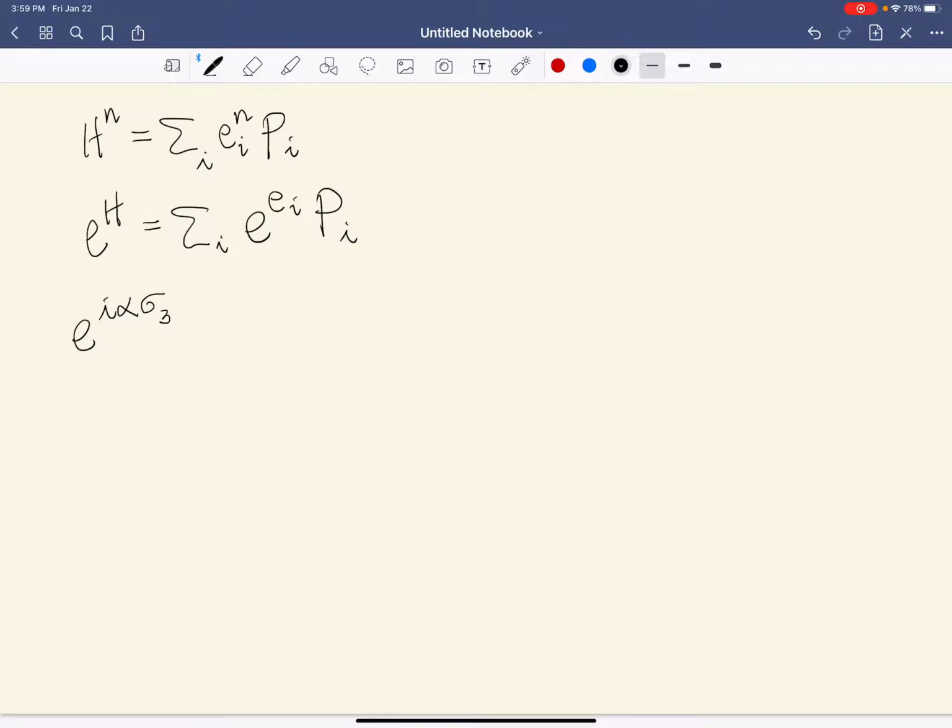Okay, and now if you just try to Taylor expand this whole thing, then it's 1 plus i alpha sigma 3 plus 1 over 2 factorial (i alpha sigma 3) squared plus an infinite series of them. And it's pretty cumbersome to figure out what to do afterwards with it.